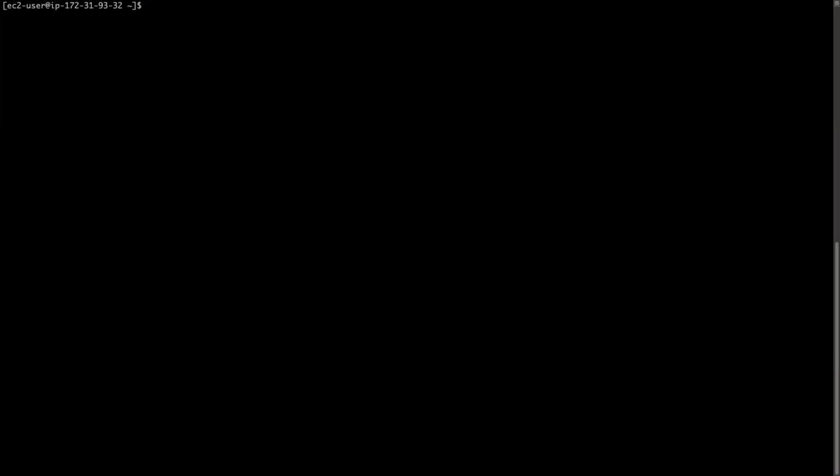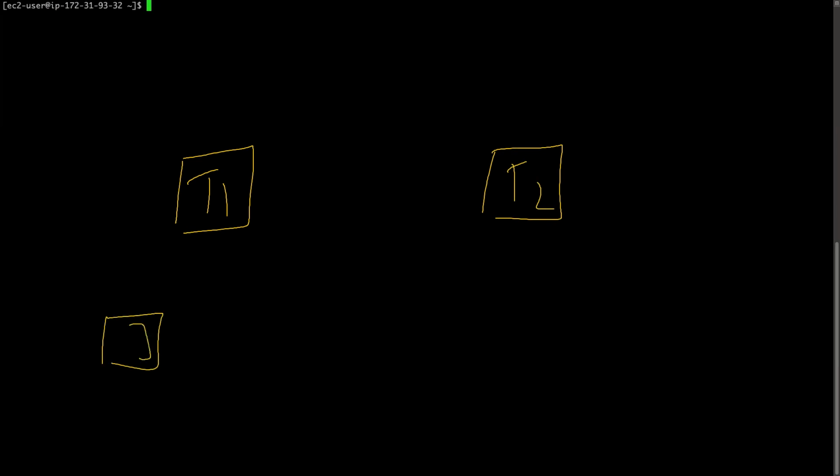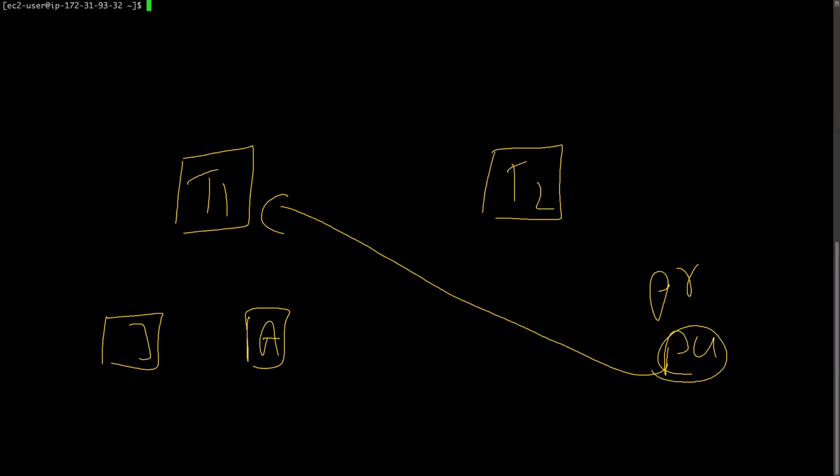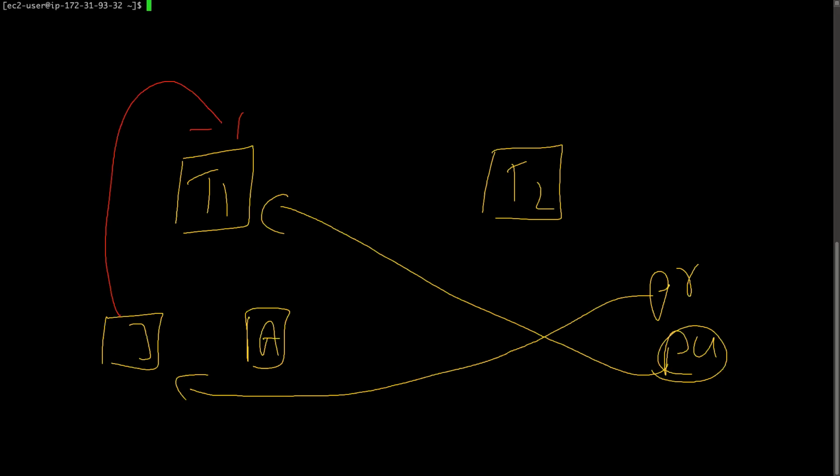So we have the target 1 here and target 2 here. Okay, this is Jenkins master and this is Jenkins agent. So we created one key combination, private key and the public key. We copied this public key into here and we gave the private key to Jenkins. Now we are trying to deploy to 2 machines, this machine and then this machine.